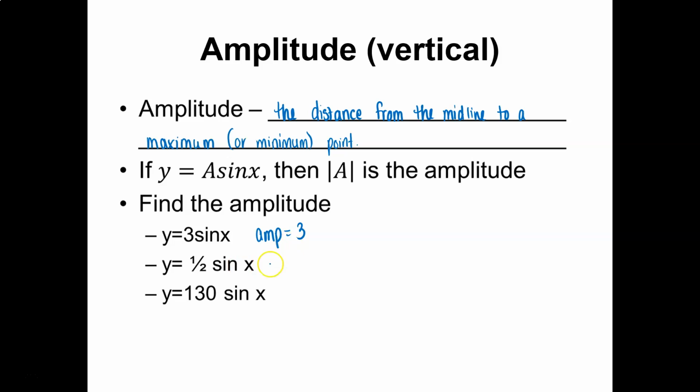For the next one, my amplitude would be 1/2. I'm going to add a negative here. What if I have y equals negative 130 sine x? It is going to be still positive 130 because we have those absolute value bars. Amplitude should always be positive. The negative is going to reflect the graph if you have a negative there, but it does not do anything to the amplitude. So amplitude is always positive.